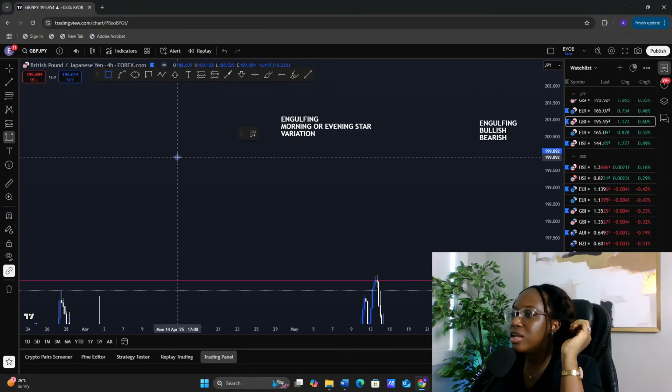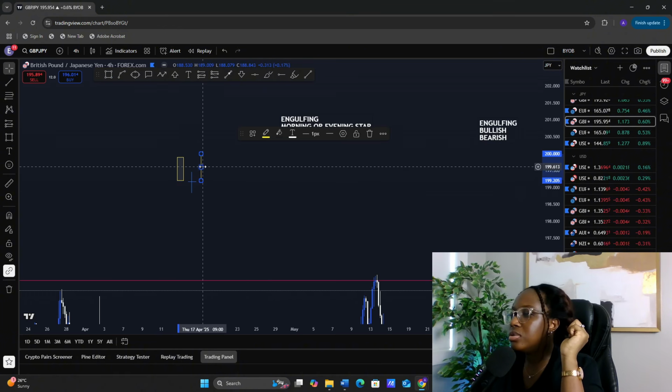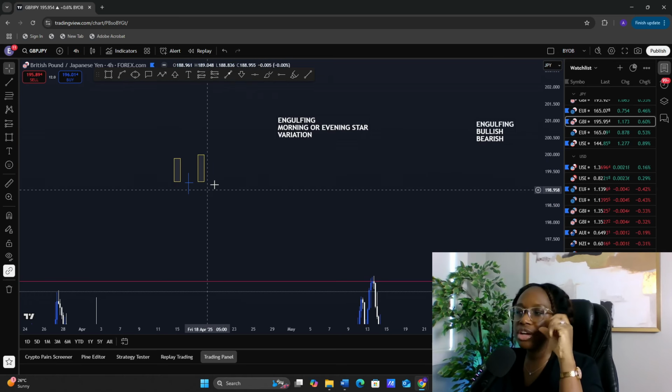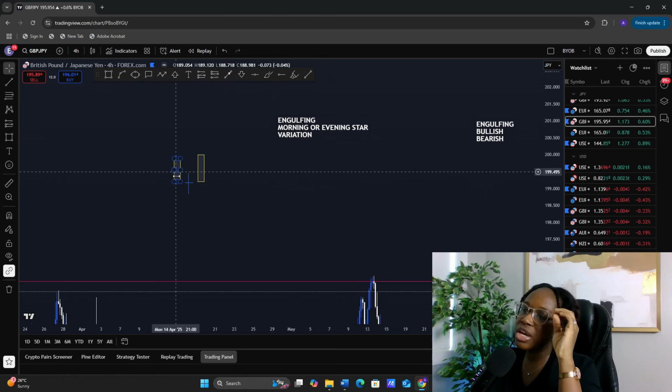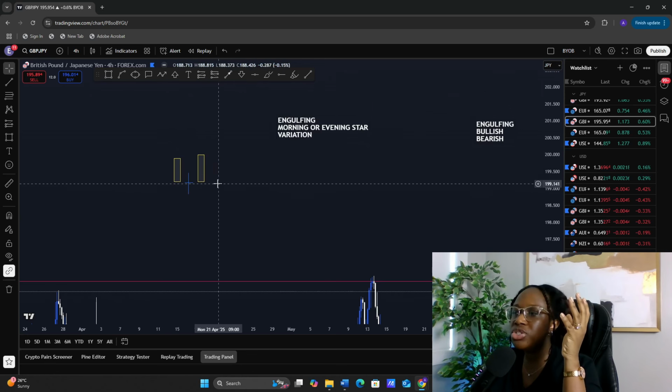For morning star, first we'll have a bearish candle followed by kind of like a doji candle, something like this, and then we'll have a bullish candle. This would be seen as a morning star formation. So a bearish candle, kind of like a doji or indecision candle, and then a bullish candle.